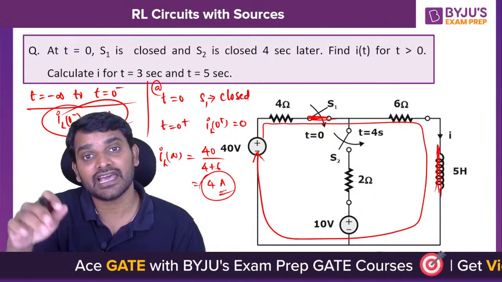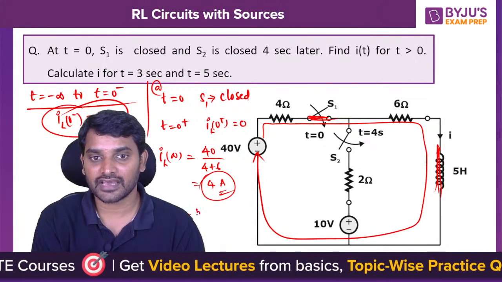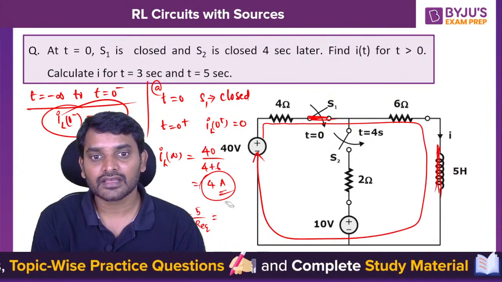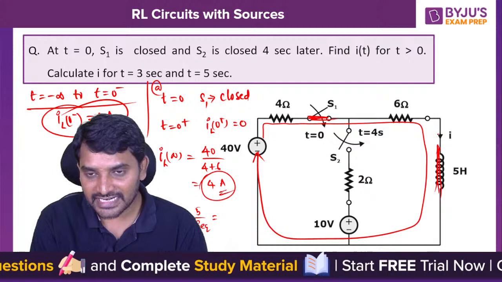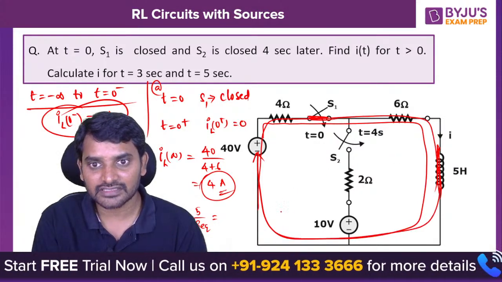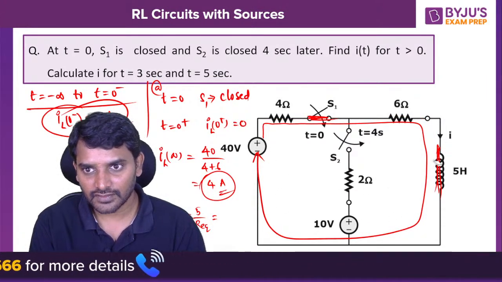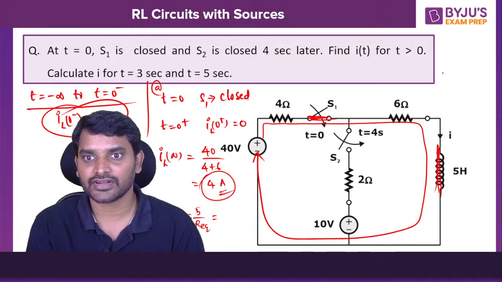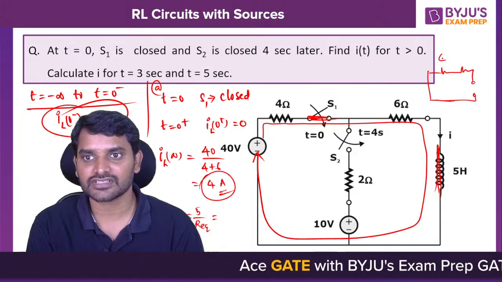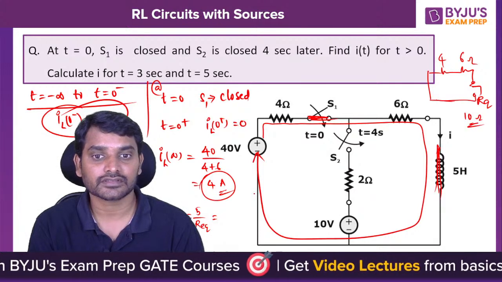To see that, you need to calculate the time constant. The time constant is L by R equivalent. Now can you tell me the R equivalent here? This inductor is storing energy through which path? 4 ohms, 6 ohms and this path. That is the only path, no? So from the inductor's point of view, 4 and 6 with the voltage source short circuited, R equivalent is 10 ohms.